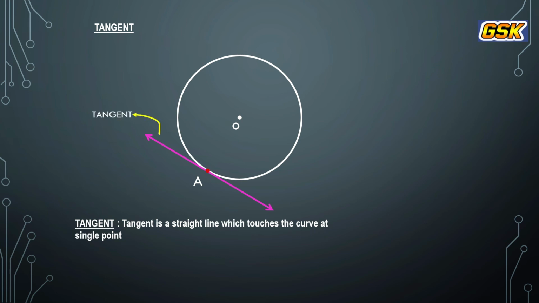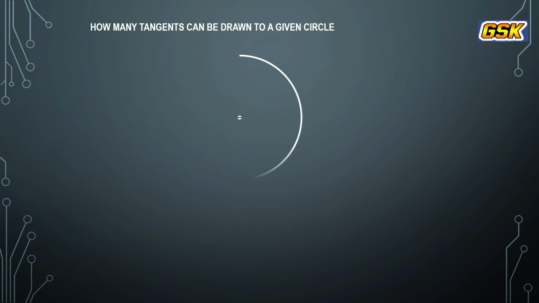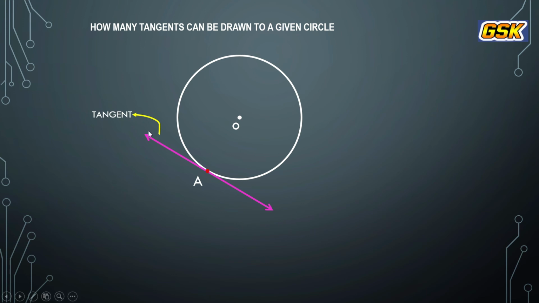So how many tangents can we draw to a given circle? Let us take a circle. Take a point. Draw a line segment. Next, take another point on the other part of the circle and draw it.